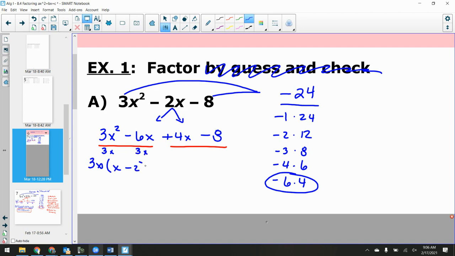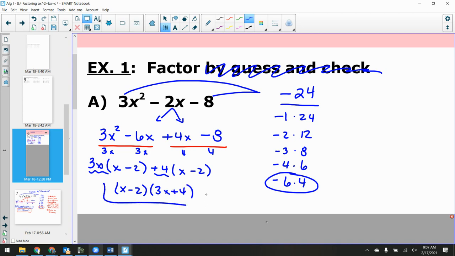So x minus 2. My GCF of my second two terms is positive 4. So x minus 2. And look at that. My parentheses are the same. My leftovers, 3x plus 4. And that's my answer.